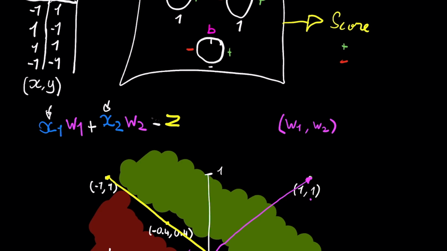So in the formula, it would just look like adding a constant term, so plus B. It's not scaling any input. Regardless of the inputs, it's always just going to be added to the final score. That's why we call it the bias knob. Kind of gives our machine a little bit of a bias.